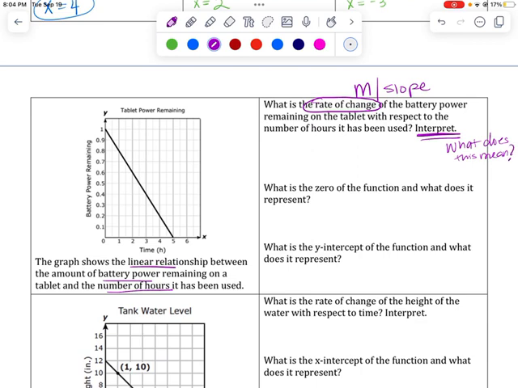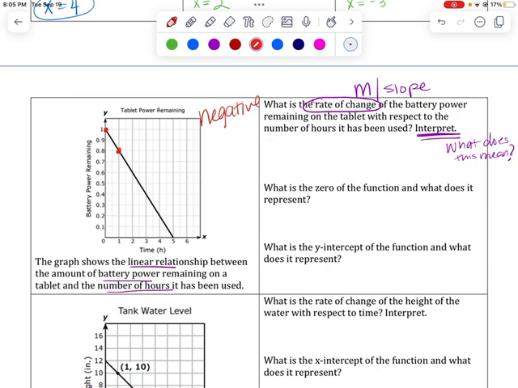All right, well, I know rate of change is M or slope. Right here, I've got negative slope. So I am going to be picking my 2 points as usual. Let's see, this one right here is at 1. This looks like a really nice point. I could use that. And the next one I could use right here.